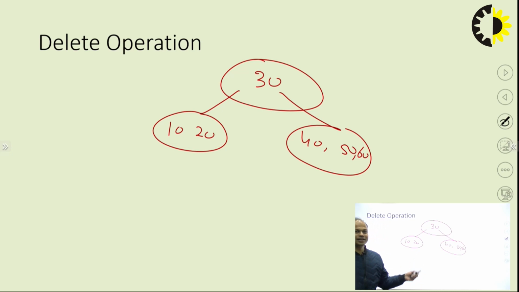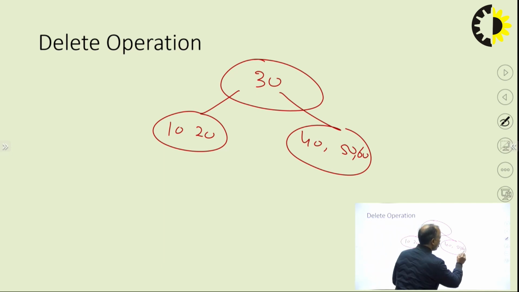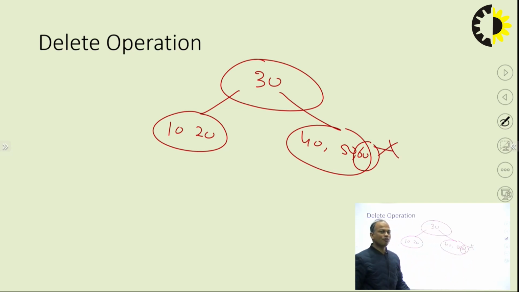So we have a total of 3 keys here. If we want to delete 60, then we can delete 60. No harm in deleting the 60.